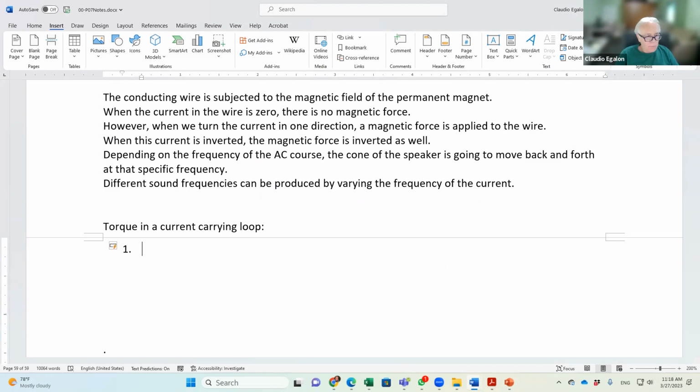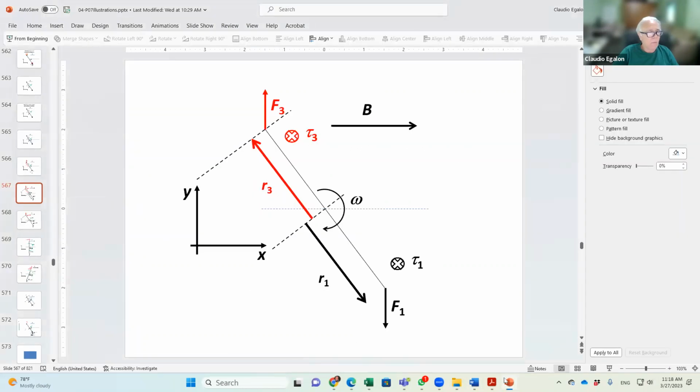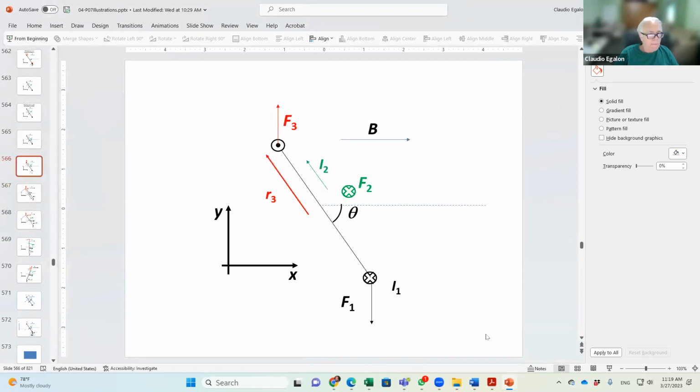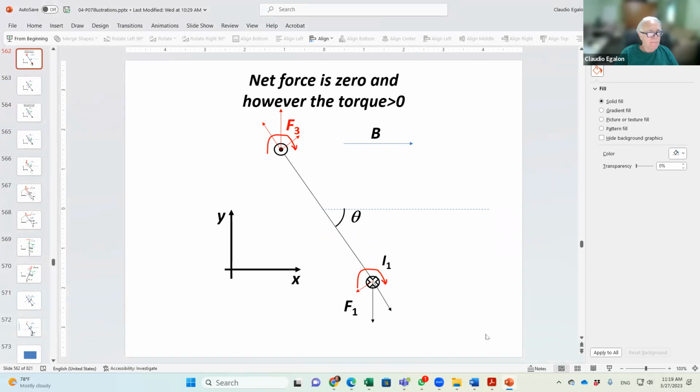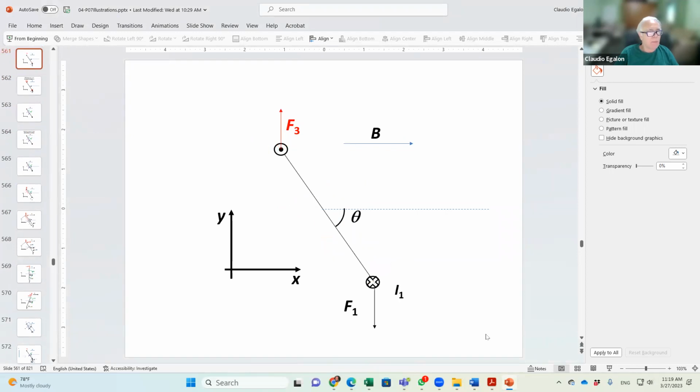One. Loop, let's see, take a look here. Okay, 4 arms of the loop.